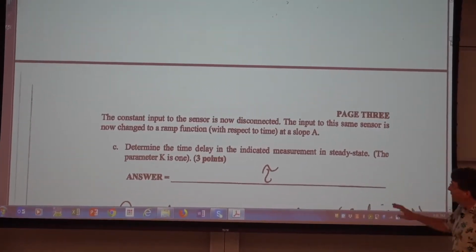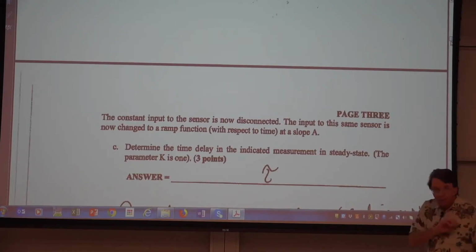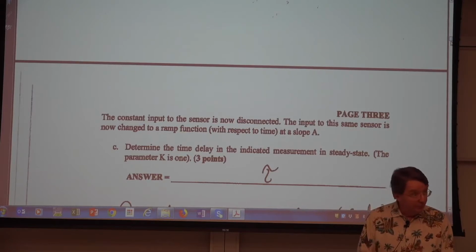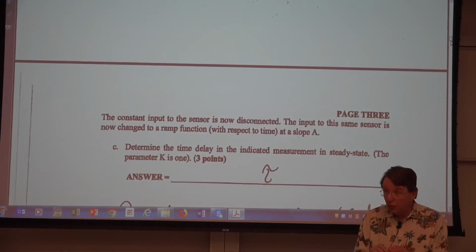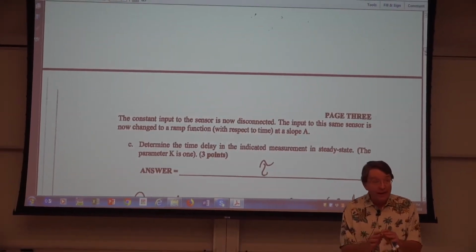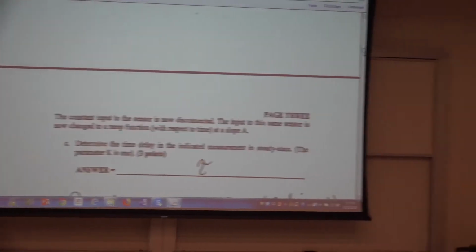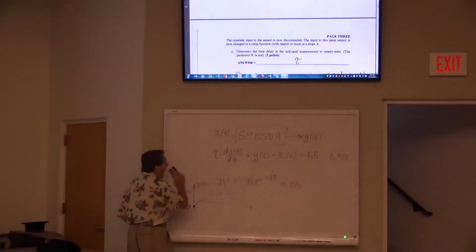It says here, the constant input is now disconnected, and we put a ramp to the first-order sensor. Now, I'm hoping you remember that the ramp has a systematic error. The output of the first-order sensor has a systematic error if the input is a ramp. So I'm just going to go over here to the board. Let me erase what I have here.